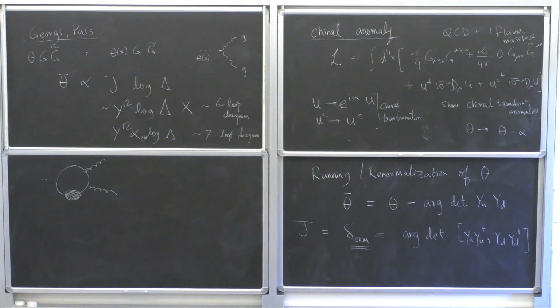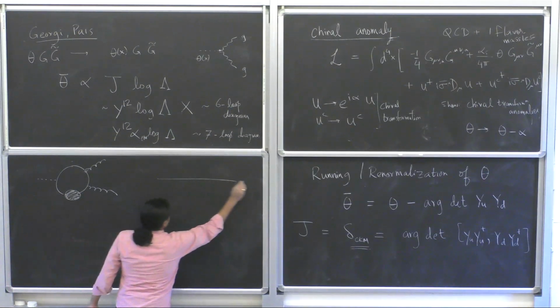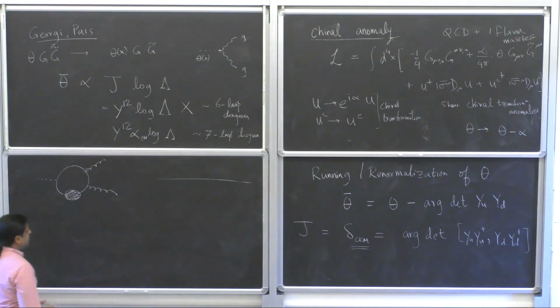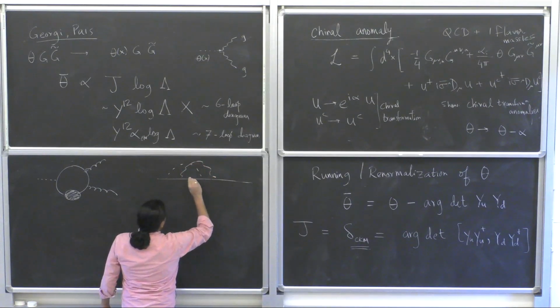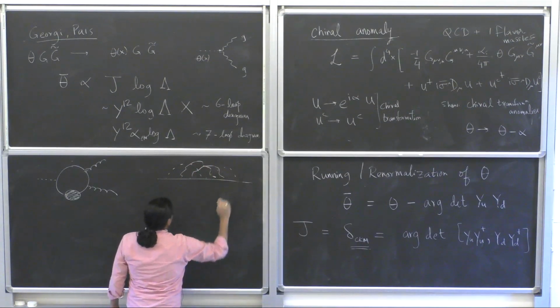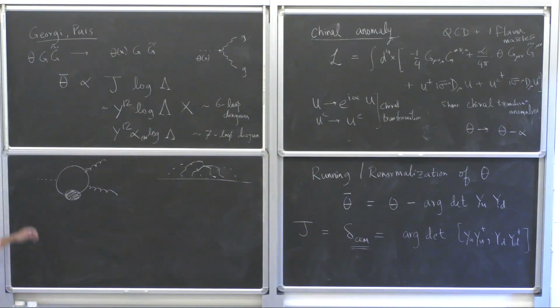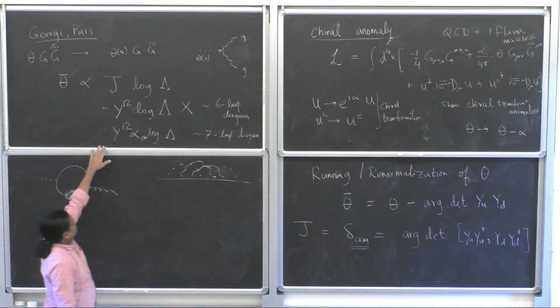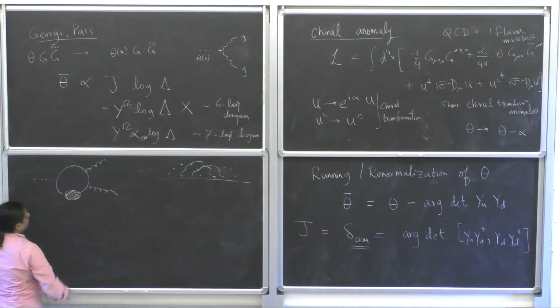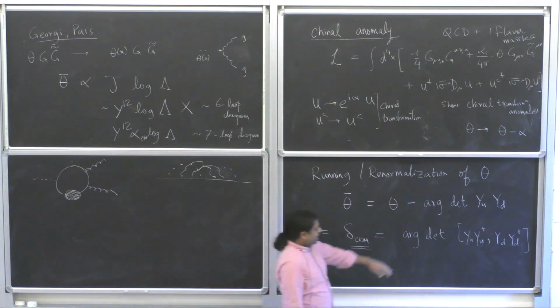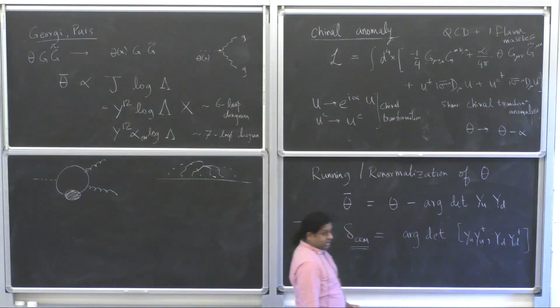This blob could, in general, so if you look at the paper by Ellis and Gaillard, for example, have arbitrary numbers of W bosons and Higgses, and you can do a power counting carefully of how many Higgses you would actually need to get the y to the 12 dependence. So the contributions that come from, in some sense, the arg det YU YD part of the calculation look something like this.